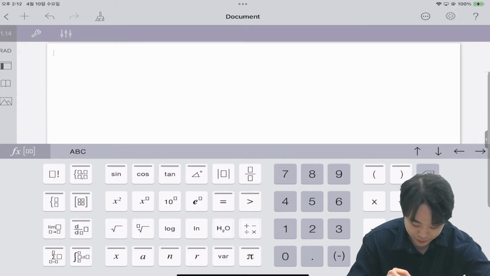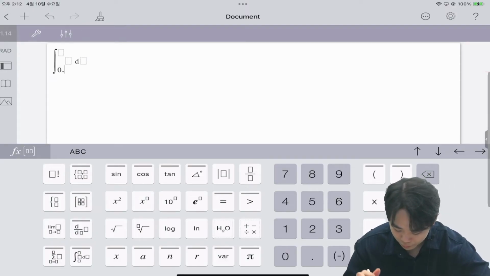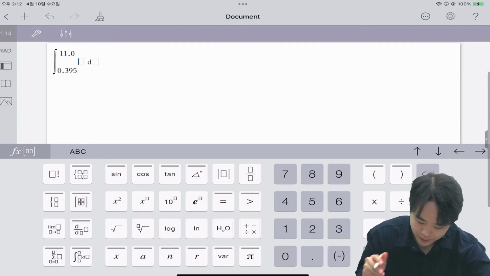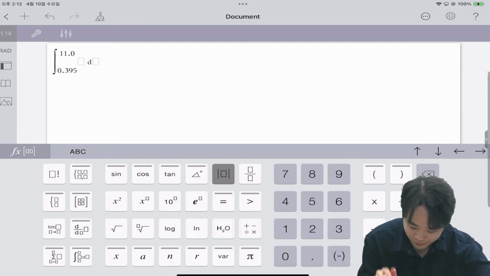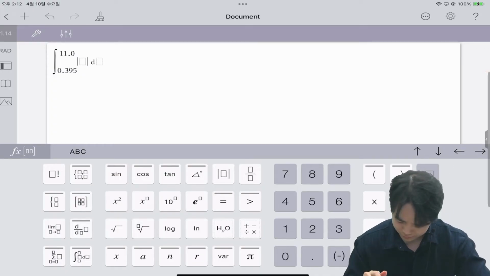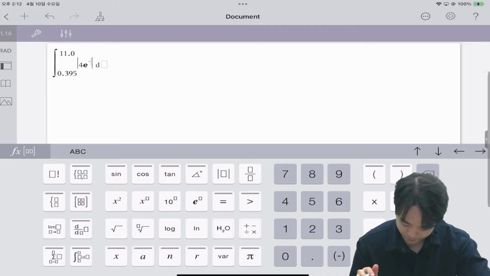As I said earlier, we're going to be integrating from 0.395 until 11.0. And we want to take the absolute value of our expression for v. So v was 4 times e to the power of negative x over 3. So that's x over 3 right there.